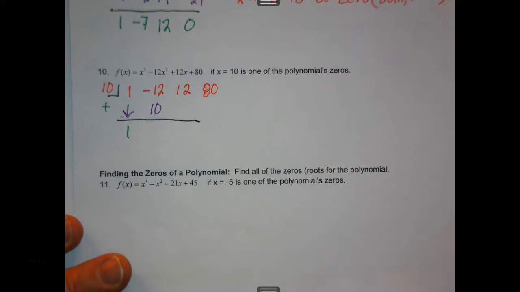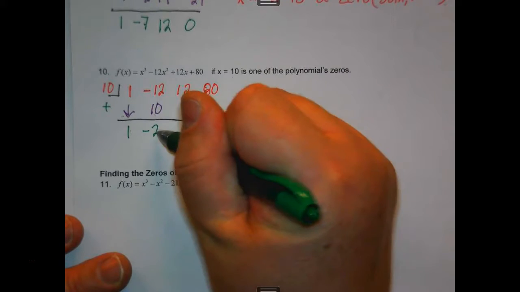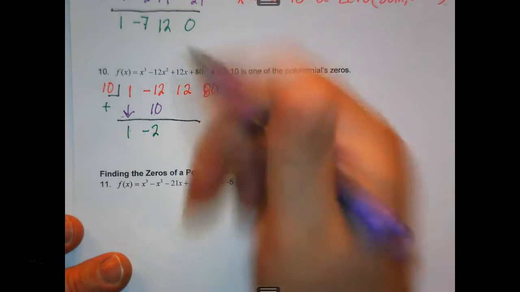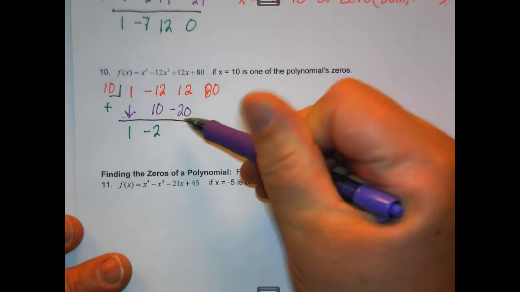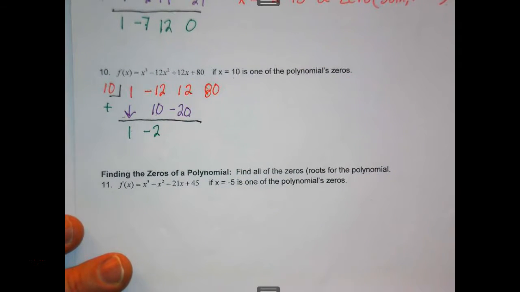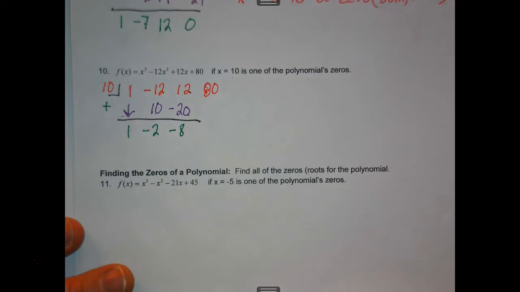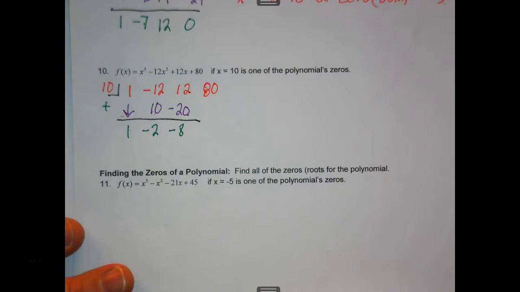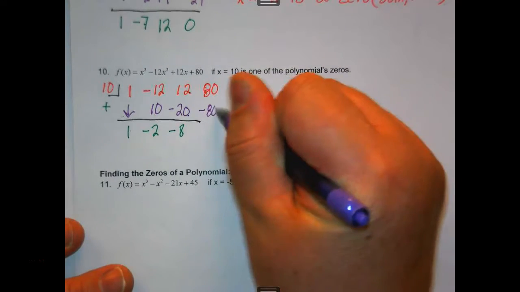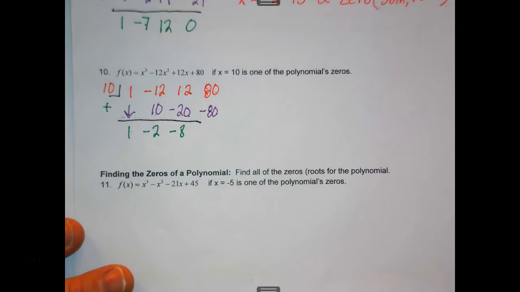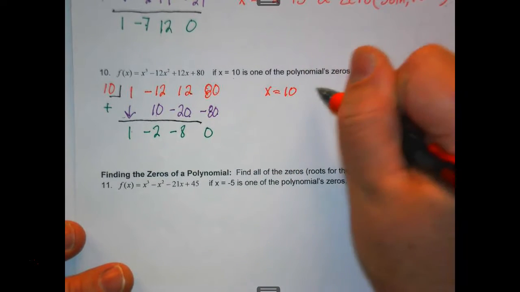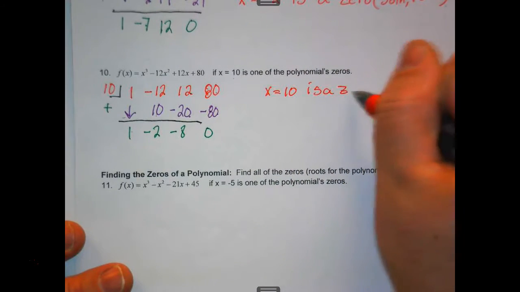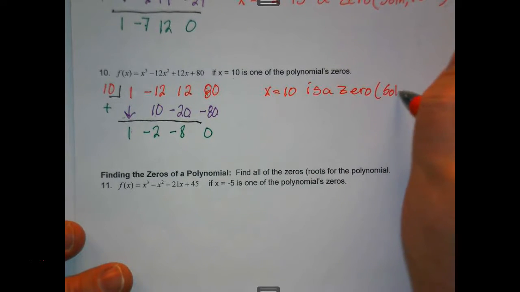Okay, 10 plus negative 12. Negative 2. Negative 2 times 10. Negative 20. Negative 20 plus 12. Negative 8. Yes, sir. Okay, negative 8 times positive 10. Negative 80. Negative 80 plus 80. 0. So, x equal 10 is a 0, solution, root, whatever you want to call it.